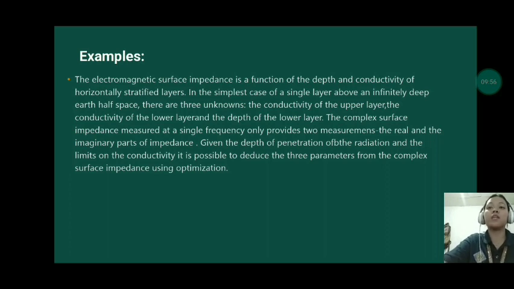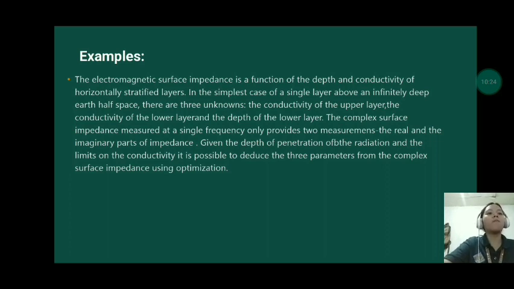multi-parameter optimization methods. The electromagnetic surface impedance is a function of the depth and conductivity of horizontally stratified layers. In the simplest case of a single layer above an infinitely deep Earth half space, there are three unknowns: the conductivity of the upper layer, the conductivity of the lower layer, and the depth of the lower layer.